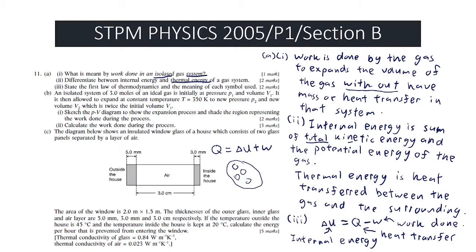One is that they may have a change in volume which gives us the work done, and another possibility is the temperature of the gas increases, and so this is what contributes to the internal energy, which increases the kinetic energy of the gas molecules. So you can see here this is basically the conservation law for energy. This is what is meant by the first law of thermodynamics.